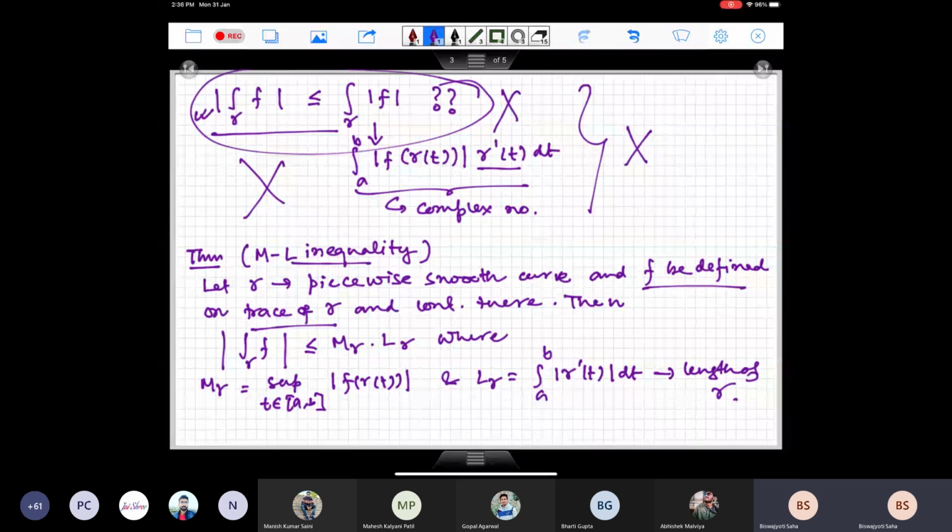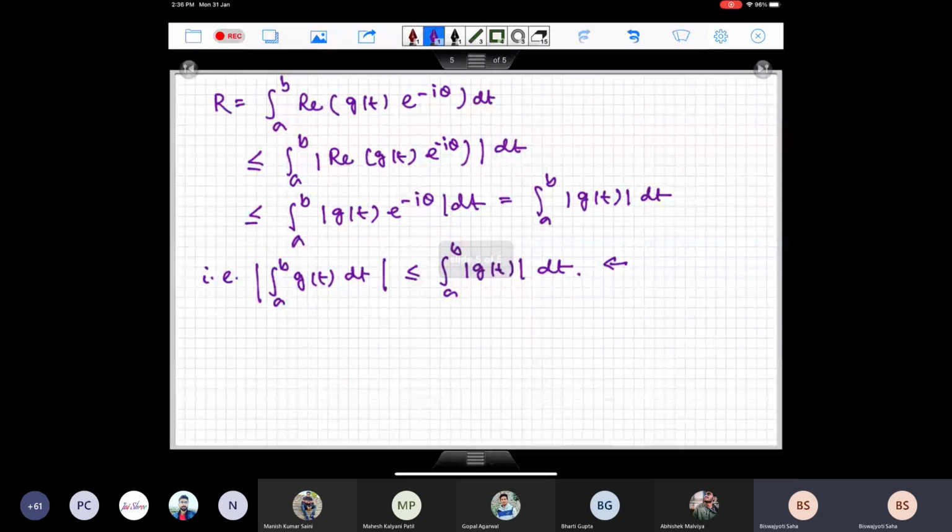My functions are defined on the trace of gamma, on which I want to integrate my function. So I can now write down the integral of f over gamma in absolute value. This is the absolute value of the integral from a to b of f(γ(t)) γ'(t) dt.